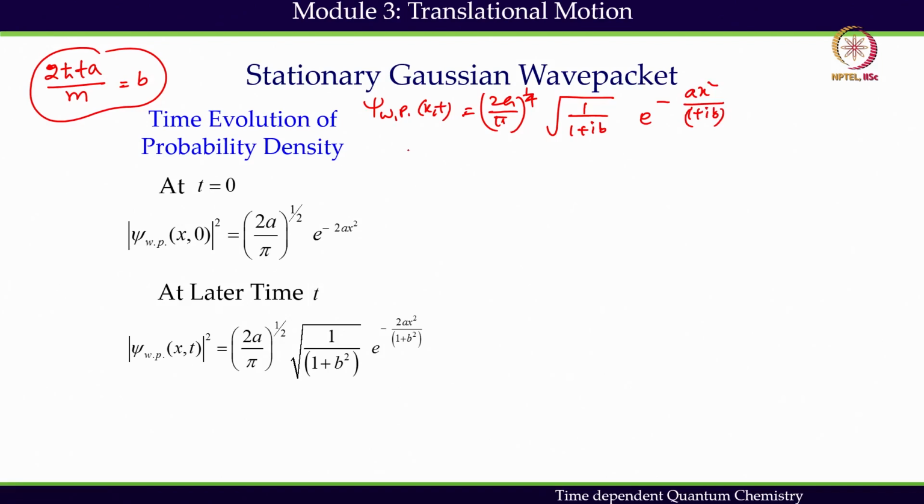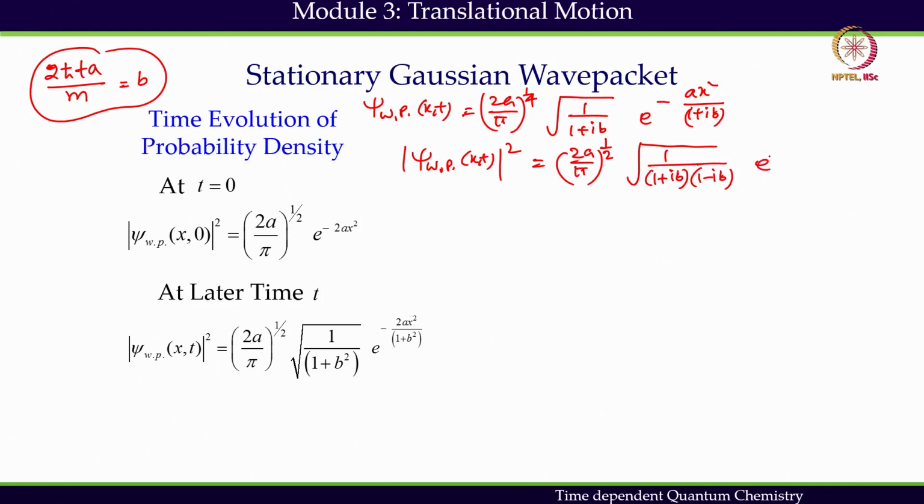So the density is going to be absolute value square, equals (2a by pi) to the power half, square root of 1 by 1 plus ib into 1 minus ib, that's the complex conjugate.